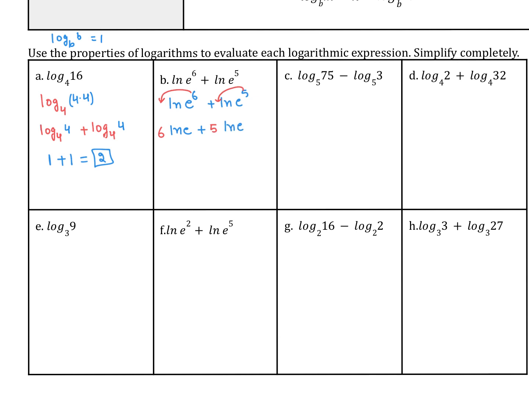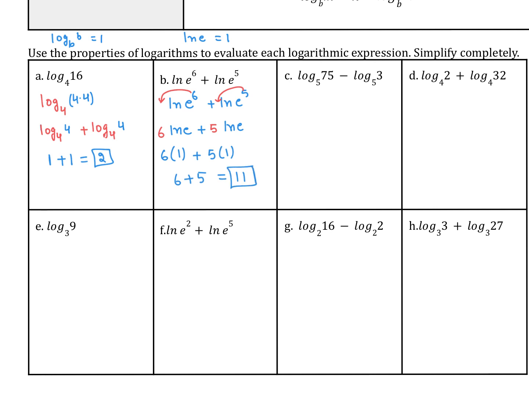Again, from the previous lesson, ln e means natural log of e, and it is always 1. So our answer is 6 times 1 plus 5 times 1. That is 6 plus 5, which is 11.